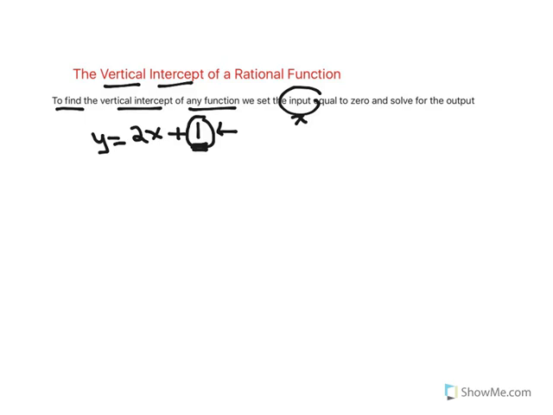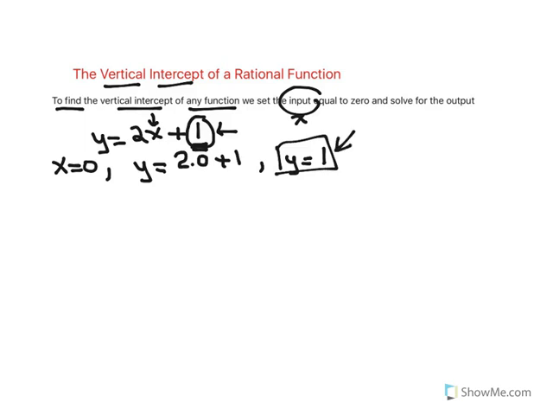If I want to do this algebraically, I can find the vertical intercept by setting the input equal to 0 and substituting the 0 right here, so it will be 2 times 0 plus 1, and then solving for y. So I know now that the vertical intercept is 1, which of course I knew already by looking at the equation of the function.